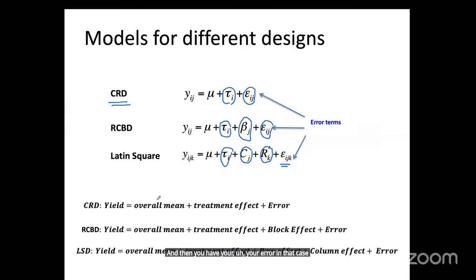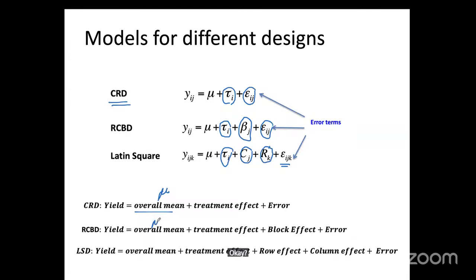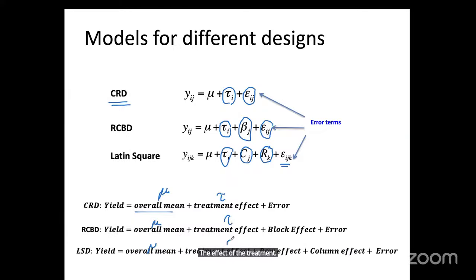So the first one here is the overall mean. And then the effect of the treatment is the one we put with this letter here. Then you have the effect of the block here.